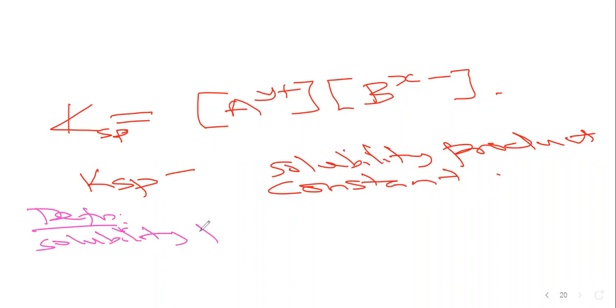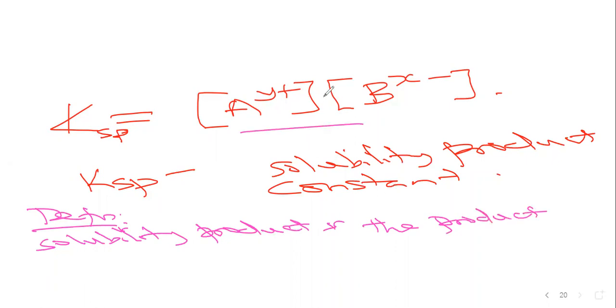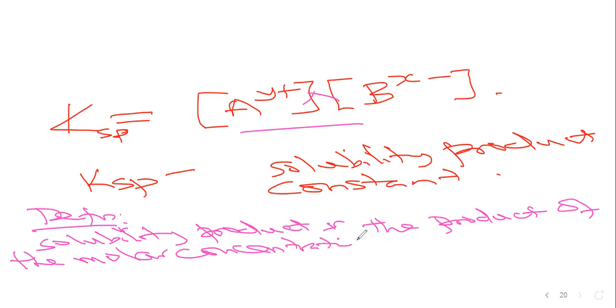Solubility product is the product. Look at this expression. It is the product of the molar concentration of the ions. Product of the molar concentrations of the ions of what?